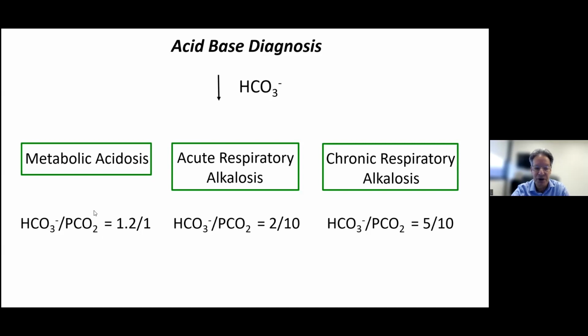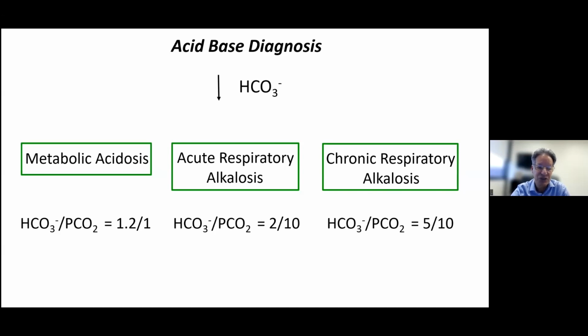If you don't, you assume population norms. Remember, males and females are different with their starting norms. Don't forget that. So if it's a male, you start with a belief, if you don't have the original numbers, that the PCO2 started at 40 and the bicarb at 25. If it's a female, 28 for the PCO2 and around 23 for the bicarbonate.